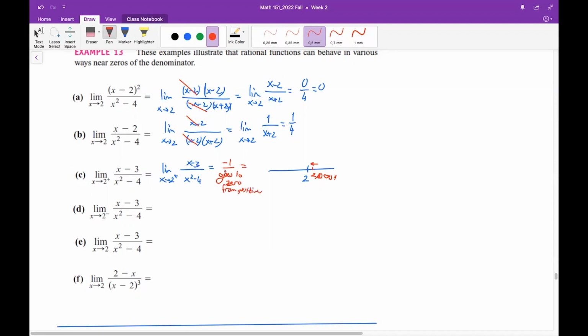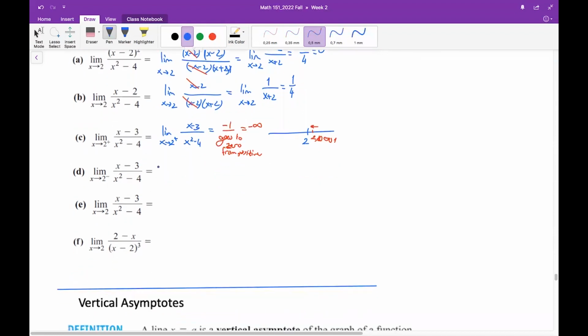That's why minus 1 divided by a really small positive number around 0 is minus infinity because of this minus here. And look at this limit, x minus 3 over x squared minus 4. This time we are looking at the other direction.